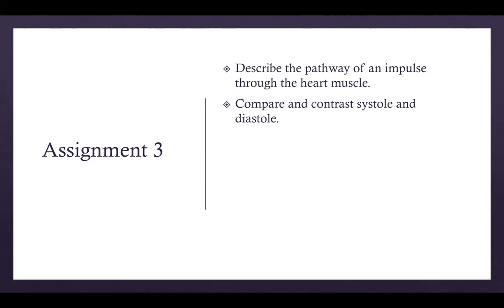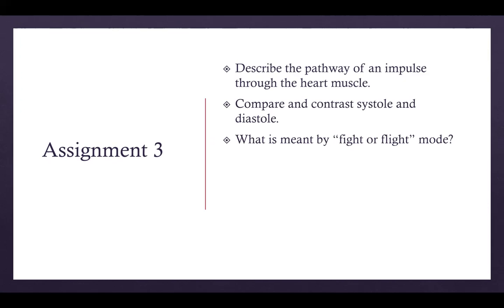To compare systole and diastole: in systole, your ventricles are contracting and blood is exiting your heart through your aorta and your pulmonary artery. Diastole is when your heart muscle is relaxing, your atria are being filled with blood, eventually your ventricles are being filled with blood, and that's where the cardiac cycle goes.